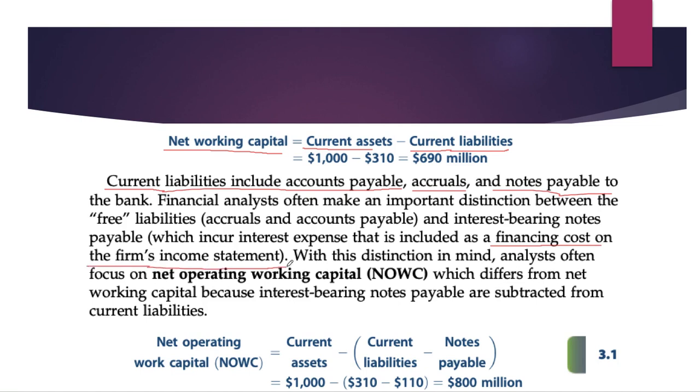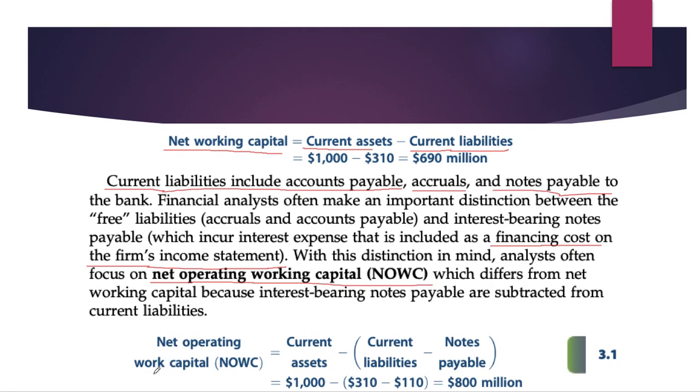So with this distinction, the financial analysts often focus on net operating working capital, which differs from net working capital because these interest-bearing notes payable are subtracted from current liabilities.